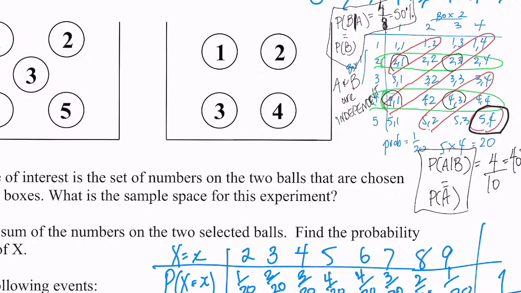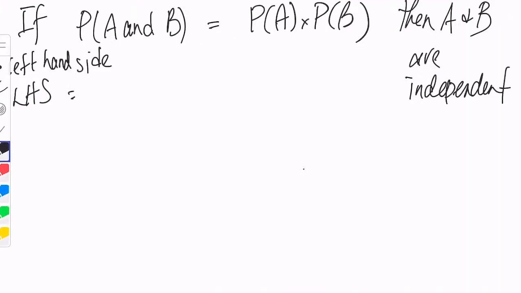When I write that without a conditional, I go back to the whole matrix. So A and B happens 1, 2, 3, 4, right? Where they overlap. So it's 4 out of 20, or 20%.